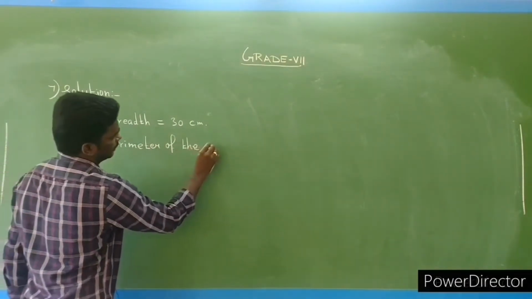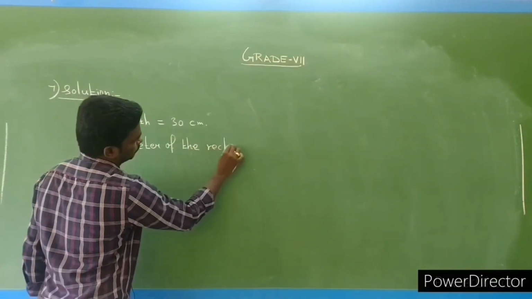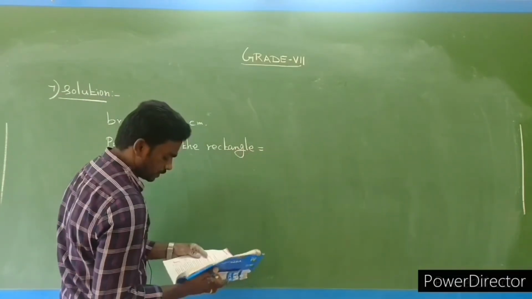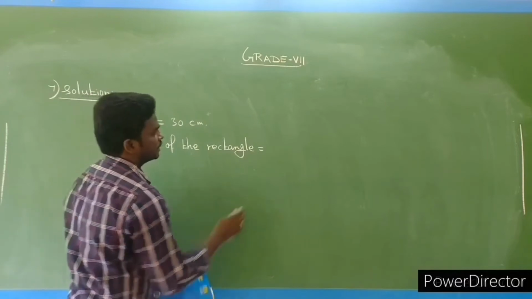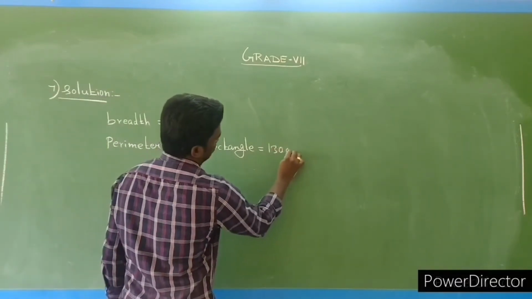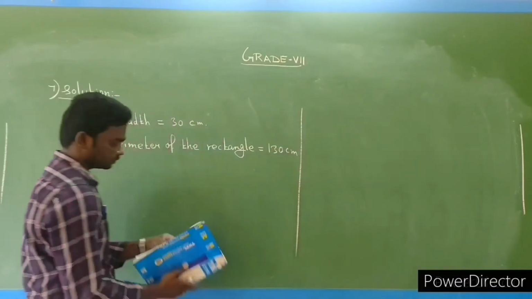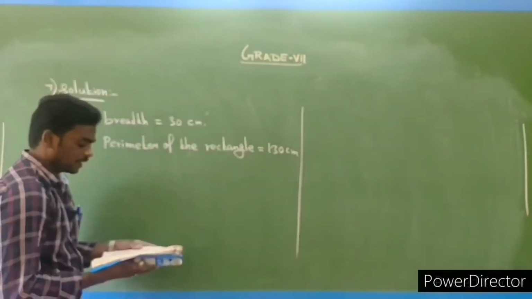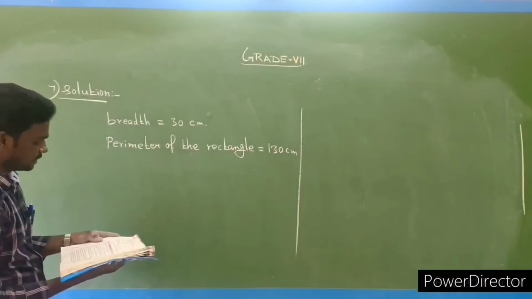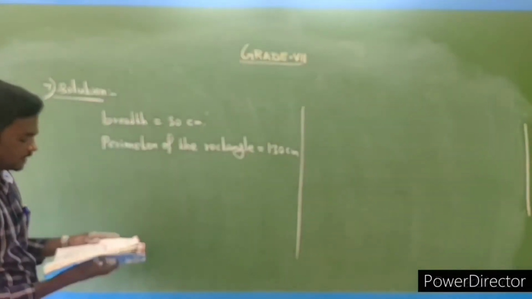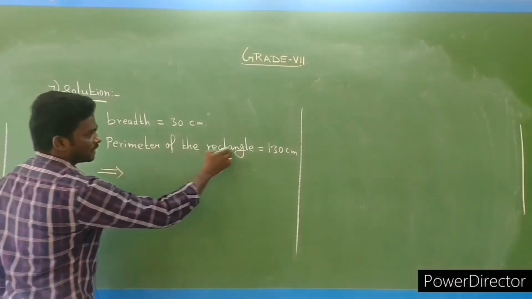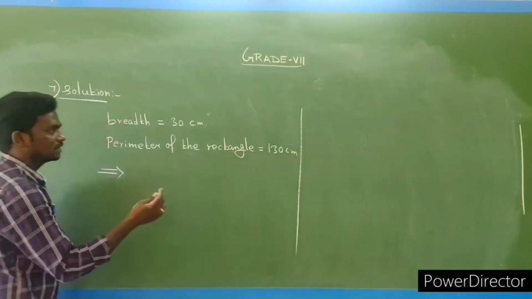Perimeter of the rectangle is equal to what is that? 130 centimeter. So perimeter of the rectangle is 130 centimeter. If the breadth of the rectangle is 30 centimeter is given, so find its length, which implies perimeter of the rectangle equal to 130 centimeter is given.